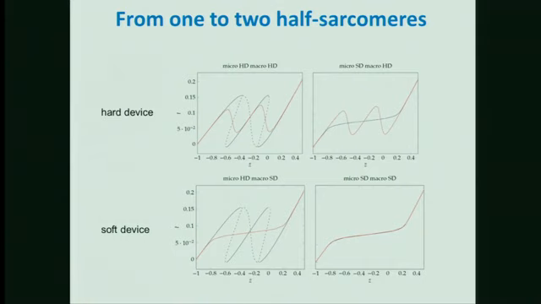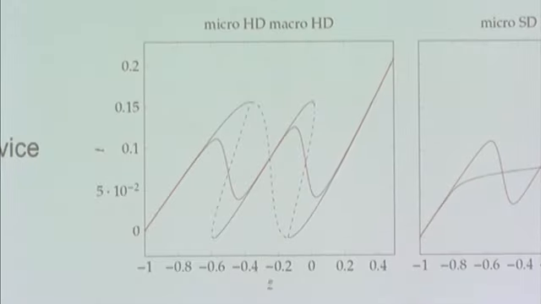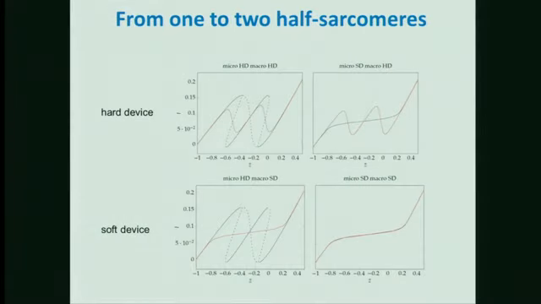So the red curve is the behavior of the real system, and the black curve, again for two half sarcomeres, would be what we get if we try to cook up this material out of the behavior of individual elements. And again, we have a difference at the micro level in a hard device and in a soft device. So we can combine this in what in mechanics is called Cauchy-Born type of reasoning, which means that we assume that we know the constitutive behavior of the material point, and then we extend it to a continuum description.